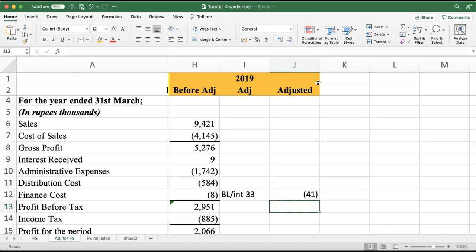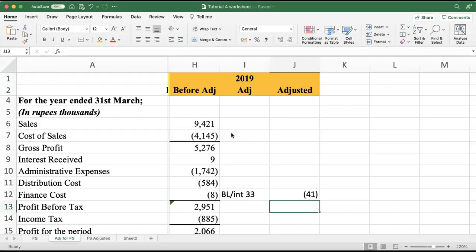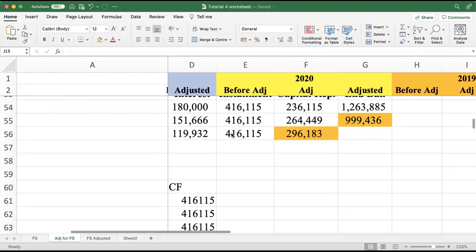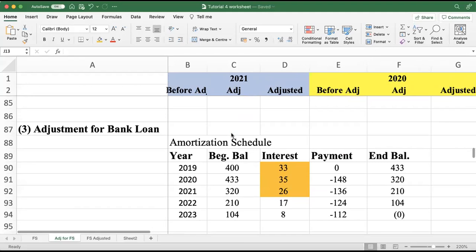You see 2020. The company charged 48. But according to your calculations, 2020 interest should be 35.